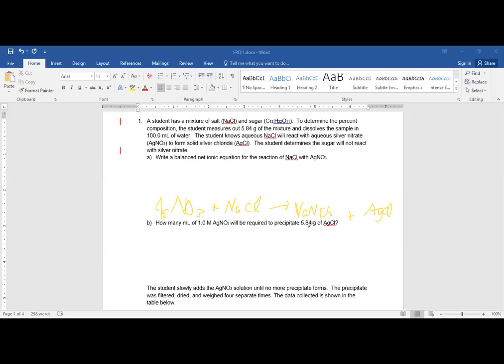So if we know we have 5.84 grams of silver chloride, if we know grams, we can find out the number of moles. And if we know the moles of silver chloride, it's the same thing as the moles of silver nitrate. So you get 0.0407 moles.